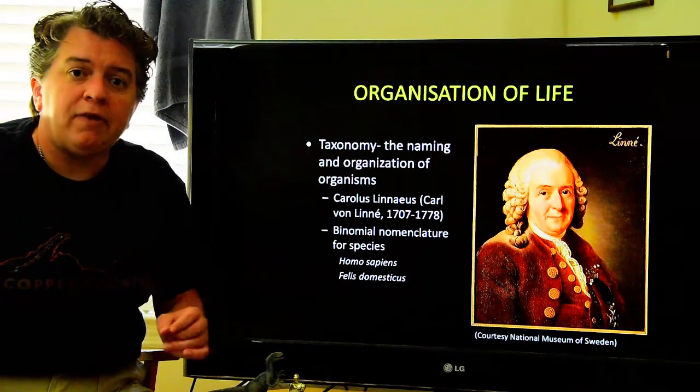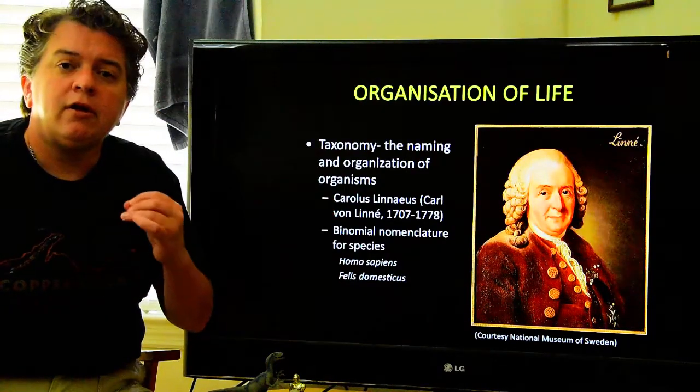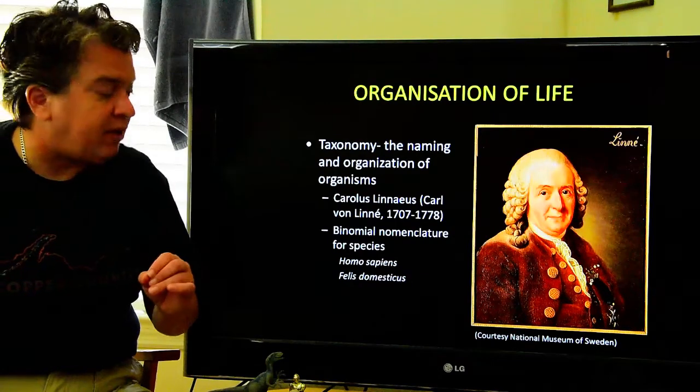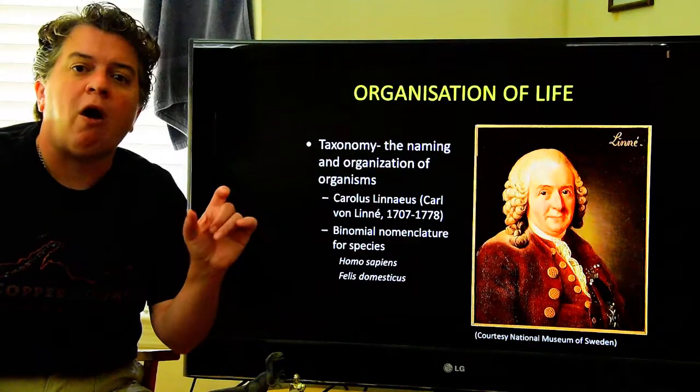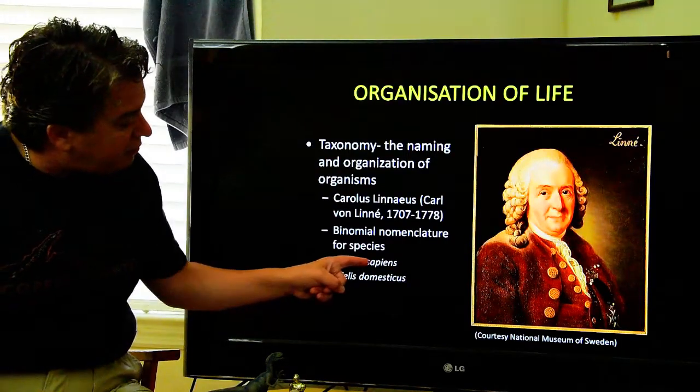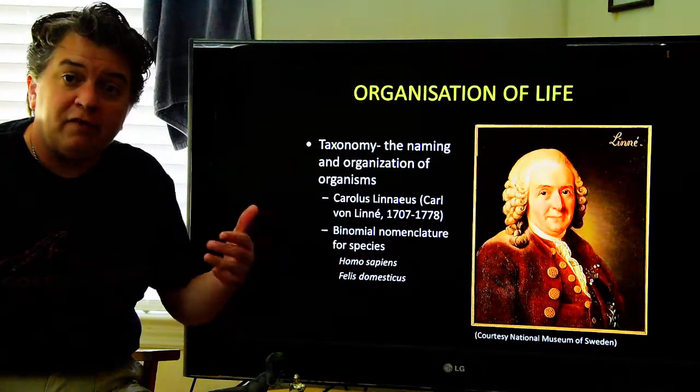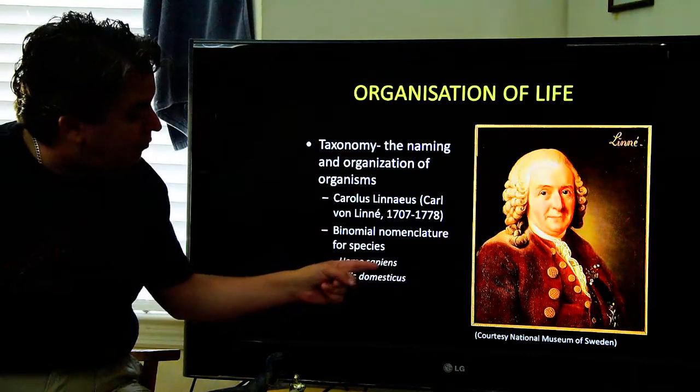He came up with the idea of binomial nomenclature for species. Binomial means every species has a two-part name, the genus and the species. For example, we are Homo sapiens.